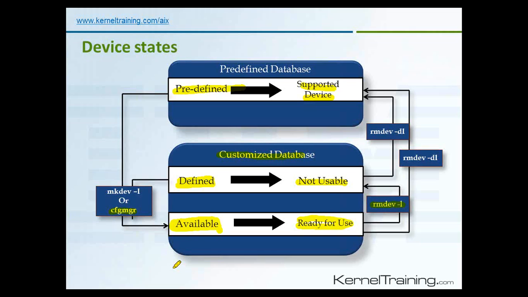In this scenario, I will completely remove the device information even from ODM. To do this, we will use the command rmdev -d and then -l. D stands for delete the information from ODM also.